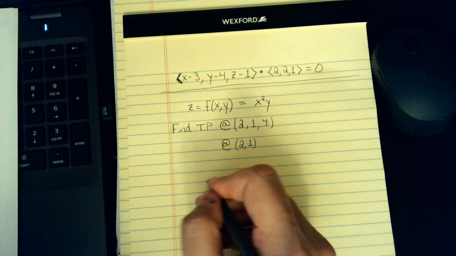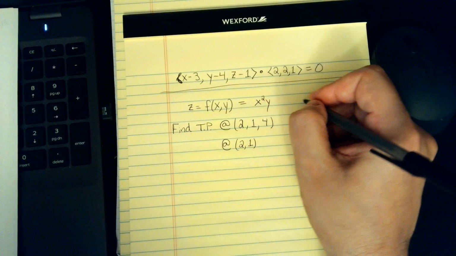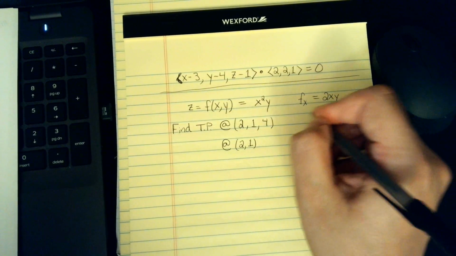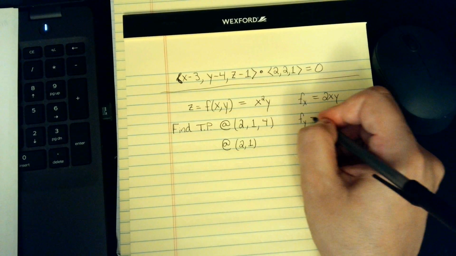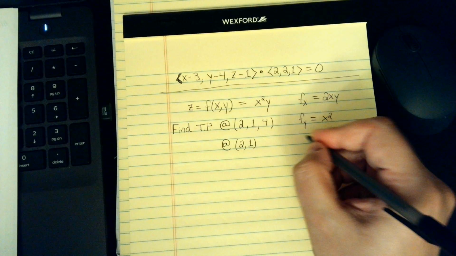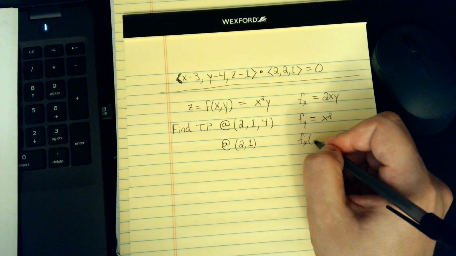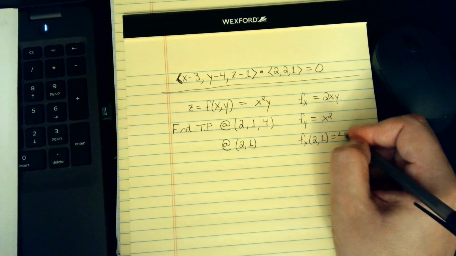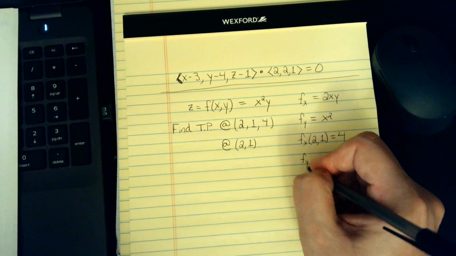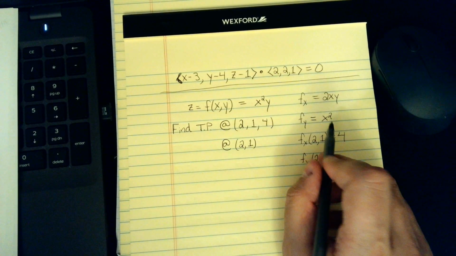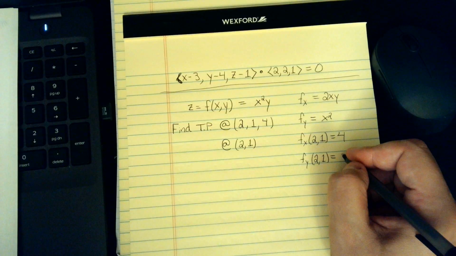You'd say, oh, well, I need f sub x, which is 2xy, f sub y, which is x squared, and then you would say, okay, f sub x at 2, 1 is 4, f sub y at 2, 1 is 4.